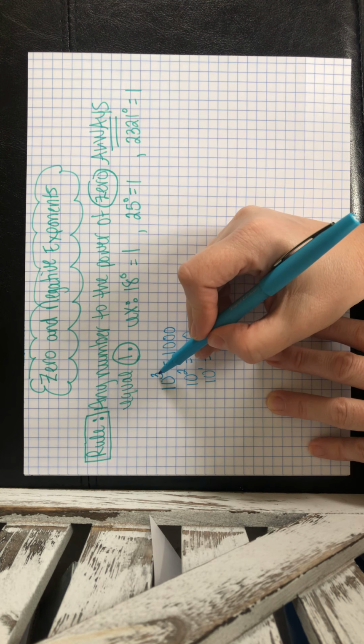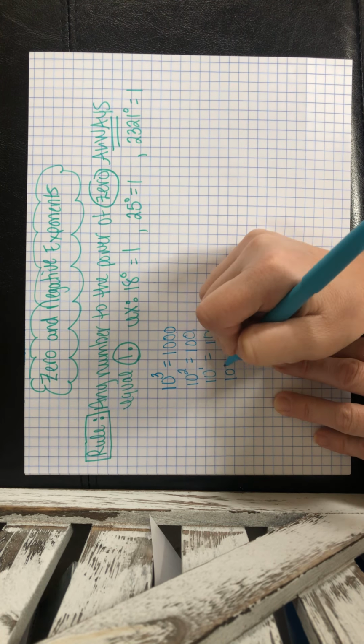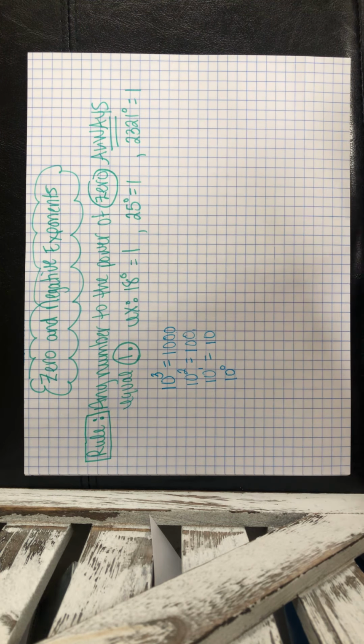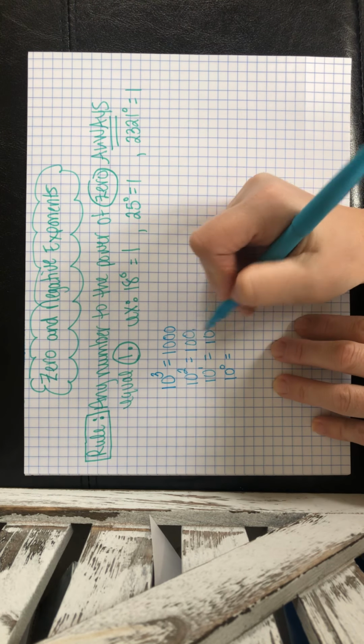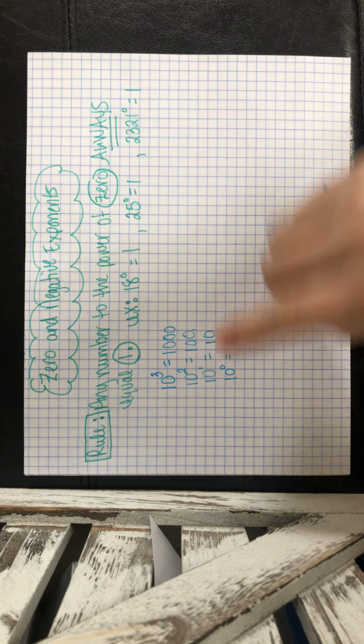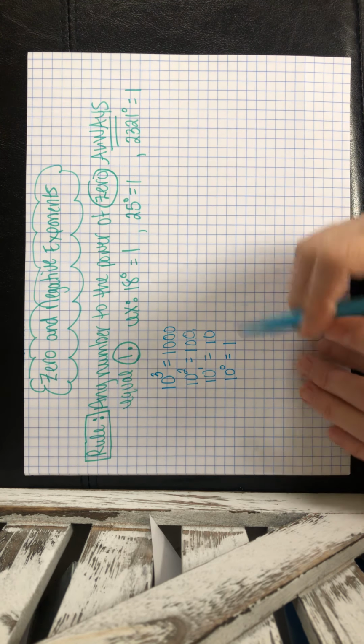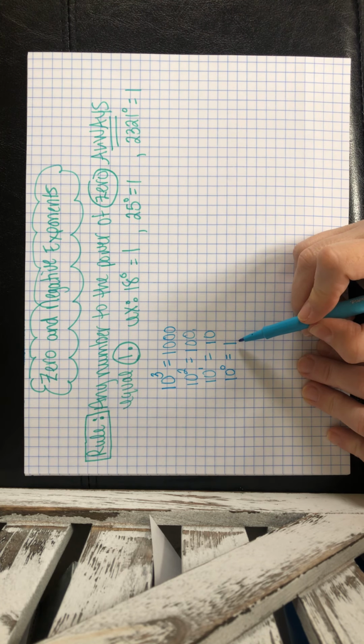So if this is 10 to the third, 10 to the second, 10 to the first, if we drop an exponent, we would be at 10 to the 0. If we move over a decimal place, we're at 1. So this right here is the reason that any number to the 0 power is always equal to 1.